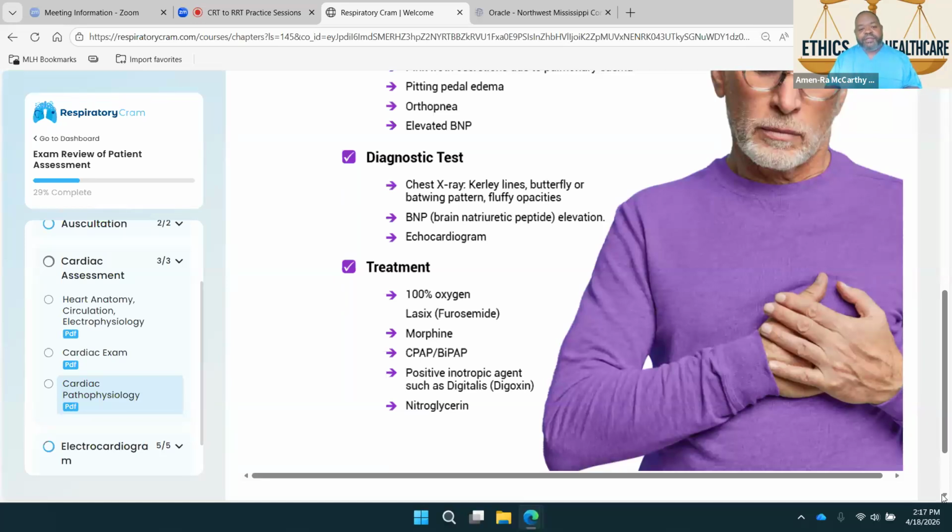And then how do we treat CHF? 100% oxygen, right? Even if they have COPD, be careful withholding oxygen because somebody has COPD, right? They used to show a little cartoon when I was in respiratory school, about a doctor who came in and saw a patient whose sats were a little low, but he had COPD, so she wouldn't give him any oxygen.